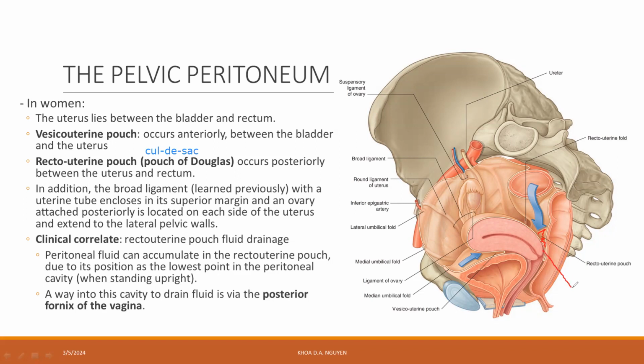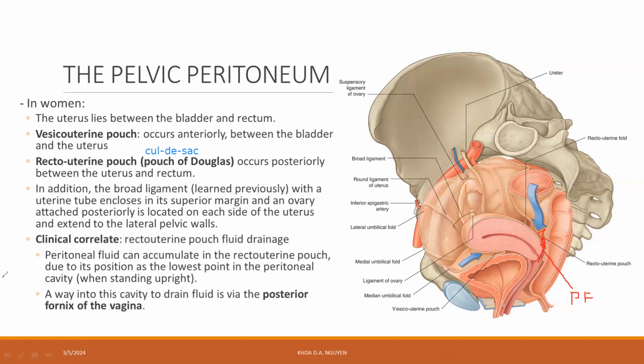Now, let's see. What is that? Posterior fornix, okay? So the posterior fornix, notice how it's so close to the rectouterine pouch. There's only one thing that separates them, and it's this wall here. So now, if you get a needle, you go into the posterior fornix, you can actually go through this wall, get into the rectouterine pouch, aspirate the fluid, and go out.